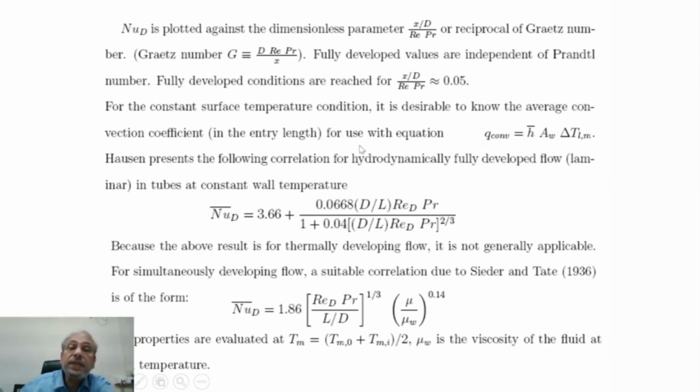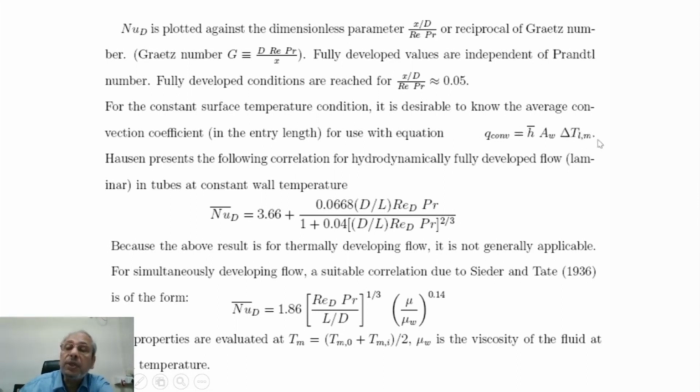For constant surface temperature condition, it is desirable to know the average convection coefficient in the entry length, for use with the equation Q convective equal to average convective heat transfer coefficient, heat exchange area, that means wall area, into log mean temperature difference.